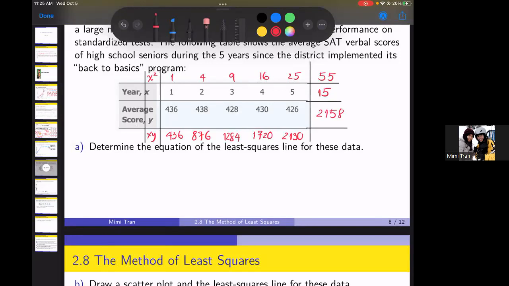And the last one, 436 plus 876 plus 1,284 plus 1,720 plus 2,130. Check with me, all right? You should get the same thing.